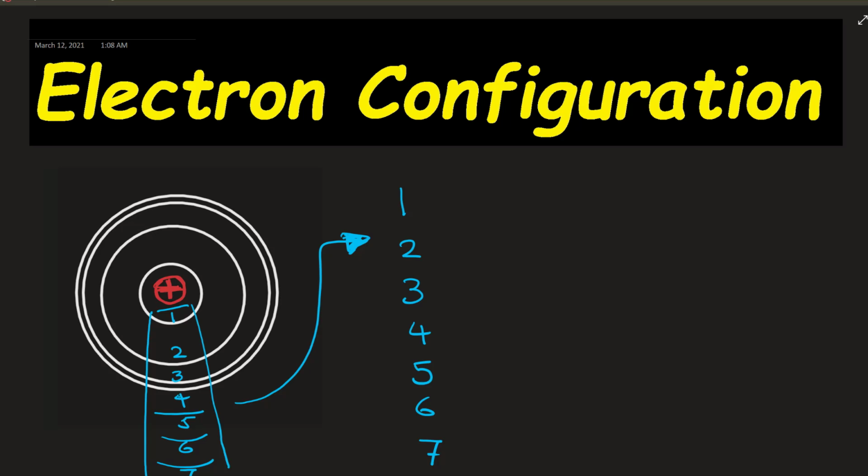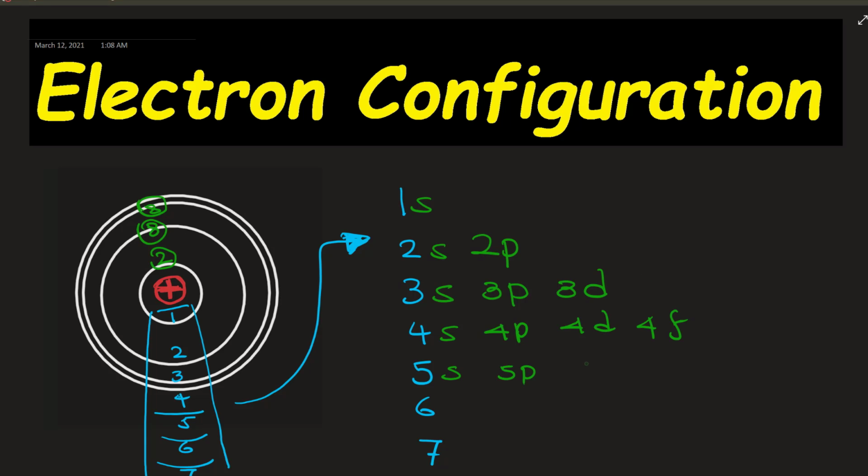Now, also don't forget the number of electrons, 2, 8, 8, those things are still there, but here we want to look at the subshells. The subshells go from 1s, 2s, 2p, 3s, 3p, 3d, 4s, 4p, 4d, 4f, 5s, 5p, 5d, 5f, 6s, 6p, and 7s.